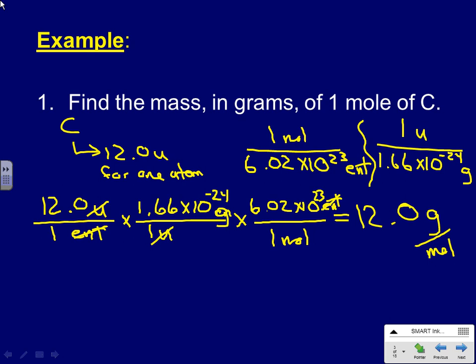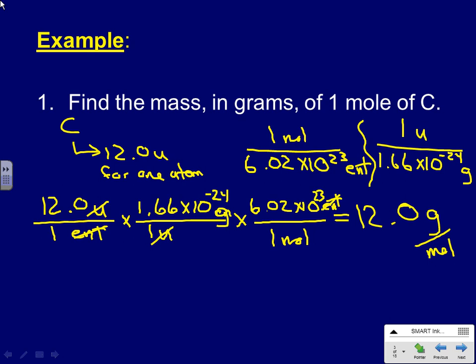The mole, its value has been chosen so that if you calculate the mass of 1 mole of a substance, its mass number will be exactly the same as its formula mass number, except instead of the units U, it will have the units grams.